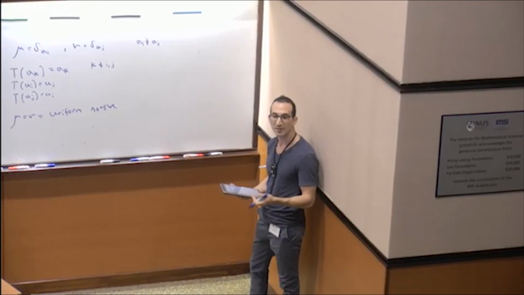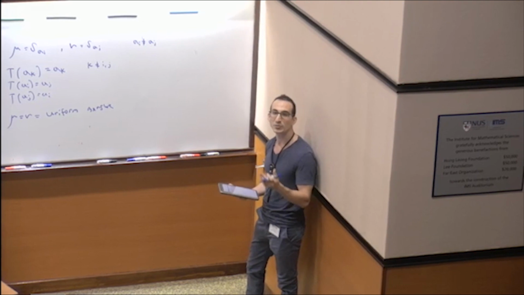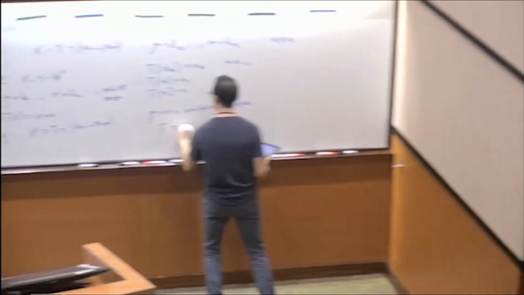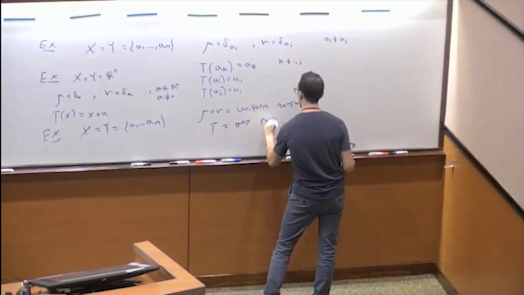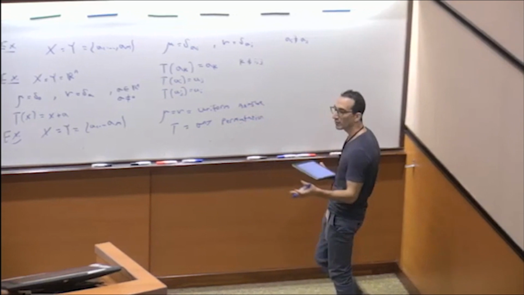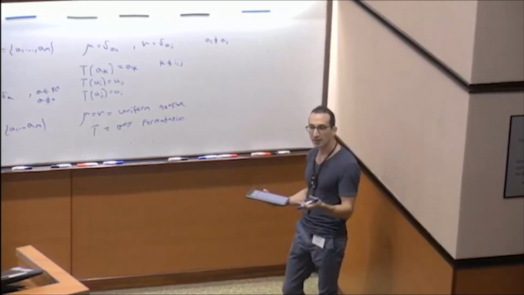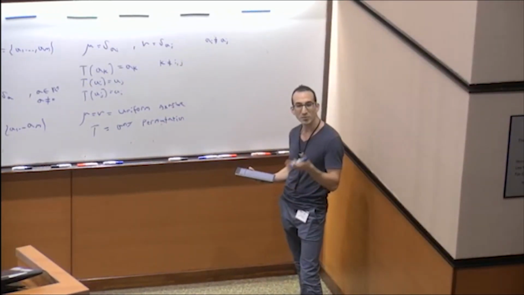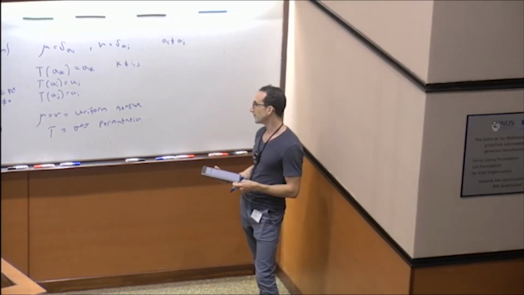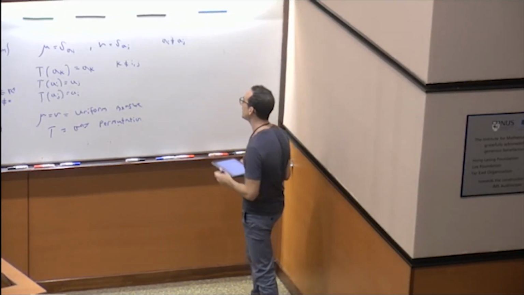If they're both uniform on the discrete sets? Any permutation, exactly. So any permutation would do the trick, because if you sample uniformly from A1 to AM and then you just take some permutation, it's still going to be uniformly sampled. So you can see it's not unique.